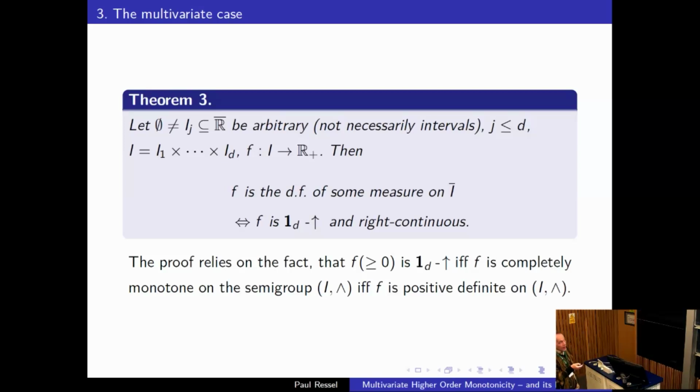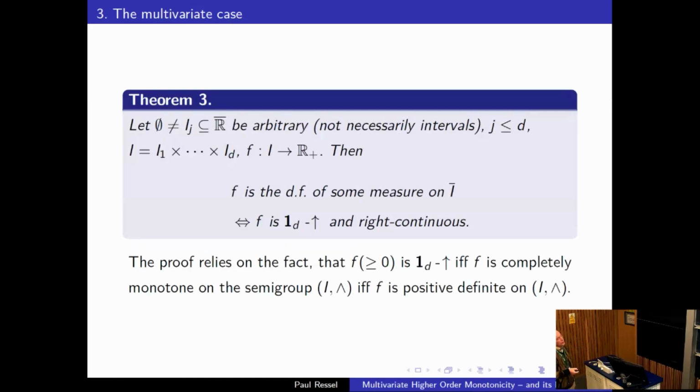I is the product set now, not necessarily an interval. Then I can prove this result: F is the distribution function of some measure on the closure, in the compactified R bar to the power d, if and only if f is 1d increasing and right continuous.